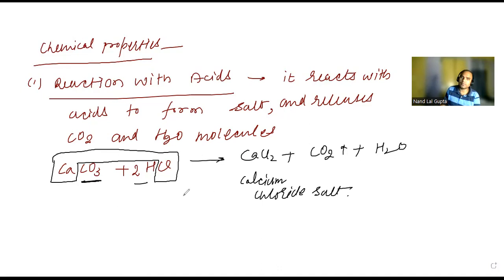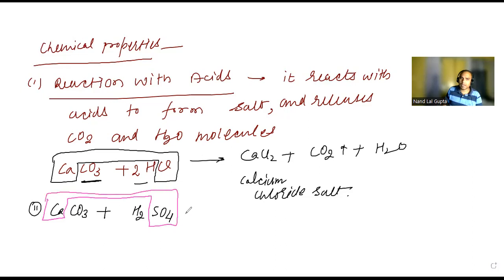Next is the second point. If you take calcium carbonate CaCO3 and another acid, H2SO4, then treating calcium carbonate with sulfuric acid, the salt that will form is calcium sulfate, CaSO4. Then CO2 forms.